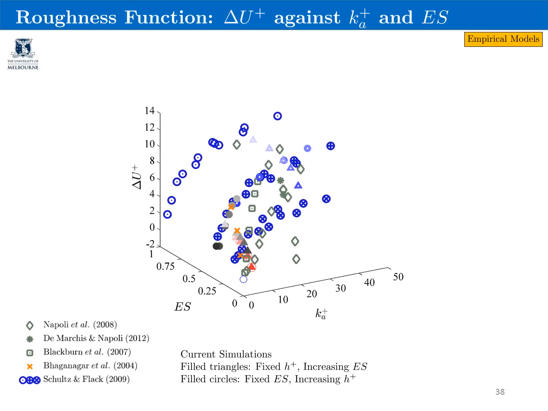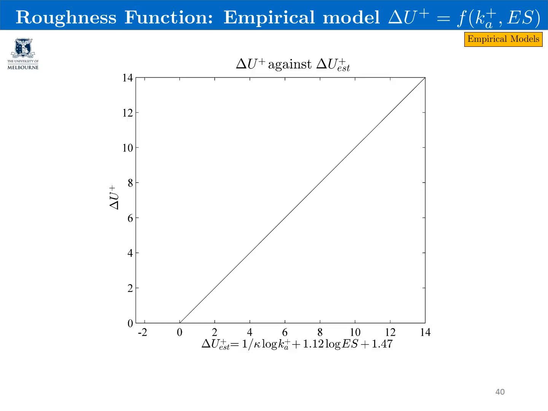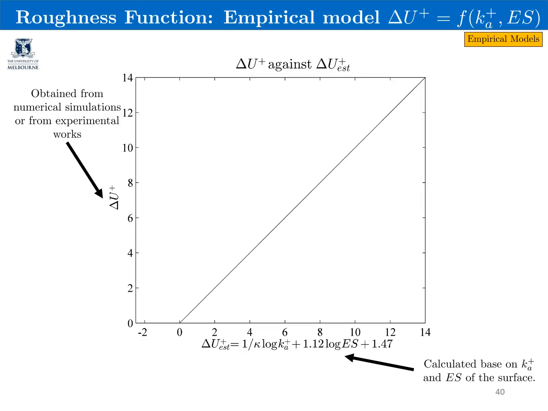It appears that these data lie on a linear log-log surface fit with constants alpha, beta, and gamma. I can then plot the roughness function, which we have obtained from numerical simulations or from experimental works, against our roughness function model, which is based on Es and ka+ of a surface.